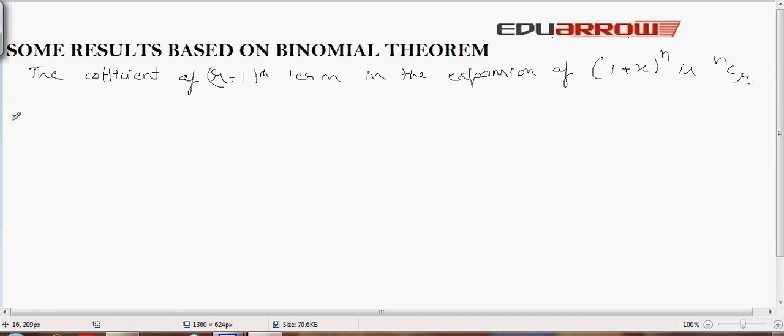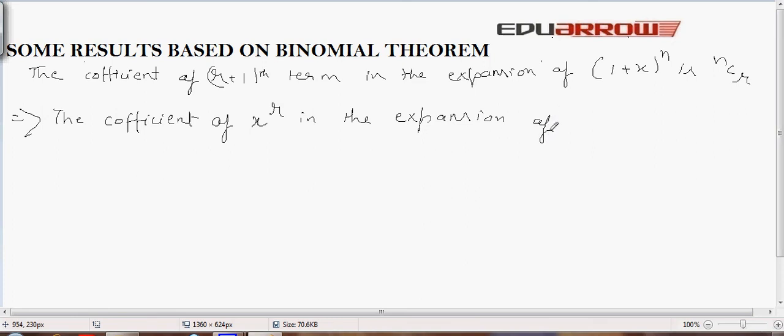And the next result is that the coefficient of x^r in the expansion of (1 + x)^n is also nCr. So these were some results based on the binomial theorem.